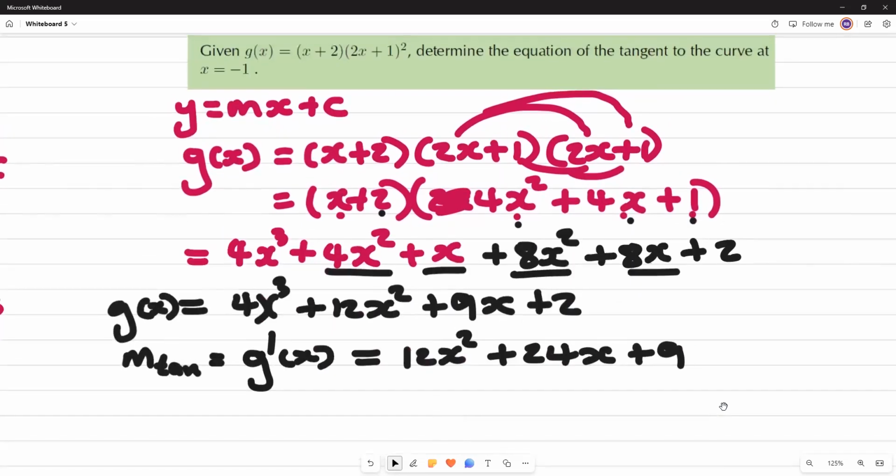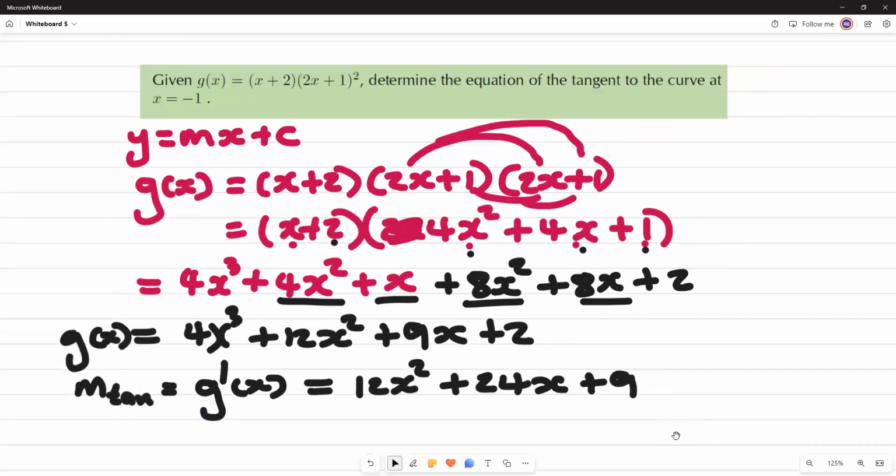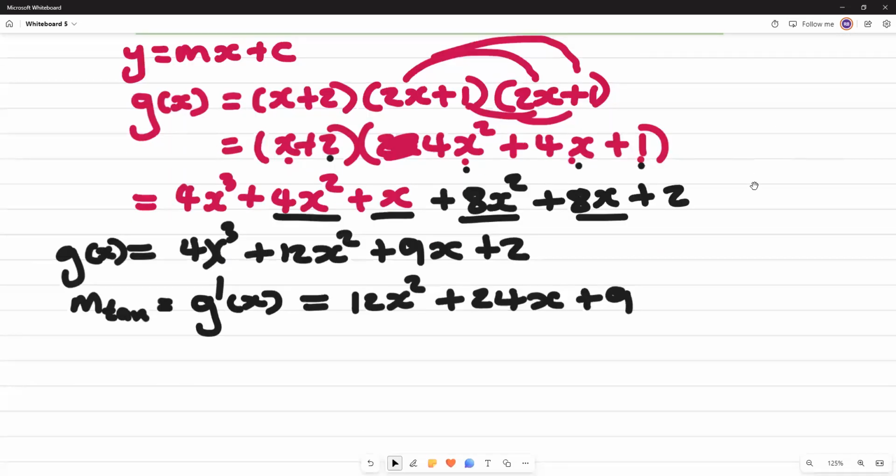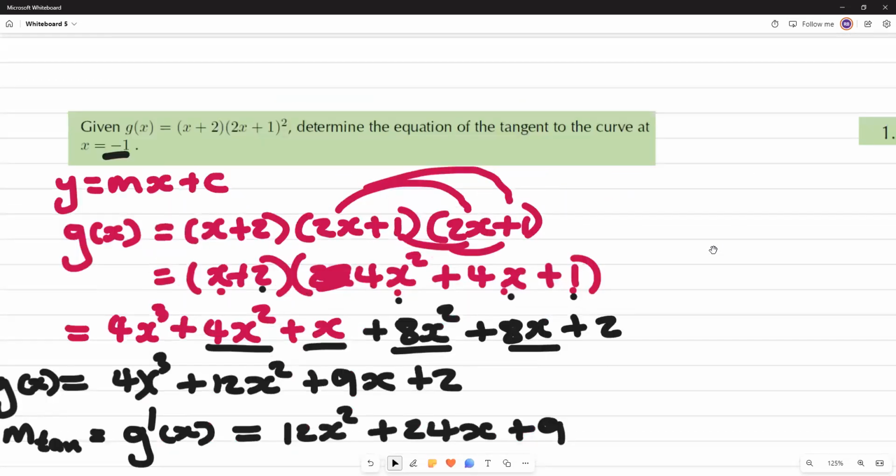They gave us the x value of -1. Before I do everything, we'll come back here. Let's basically get this exact point. I'm going to do it here on the side. So here they give us the x value, which is the input. We have to find the output. So the x value is -1.